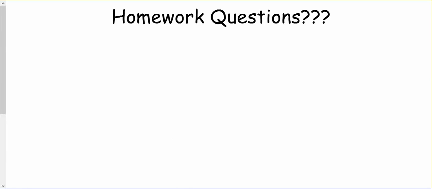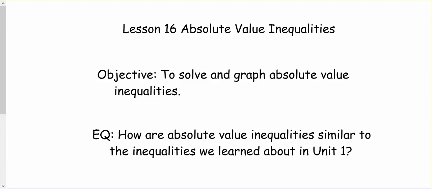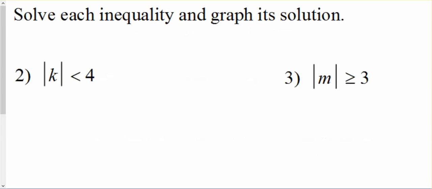Today, we'll skip homework questions. Today we're going over lesson 16, absolute value inequalities. So we're going to compare them to a regular absolute value equation like we did yesterday and what we just did in our warm-up, and they're super similar. So here's how similar they are.